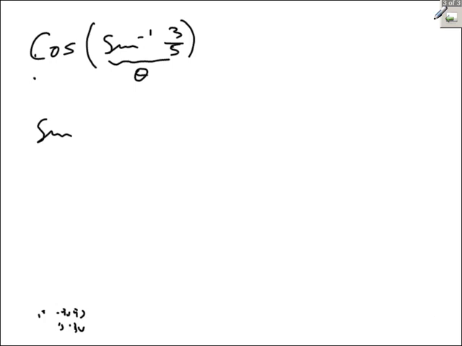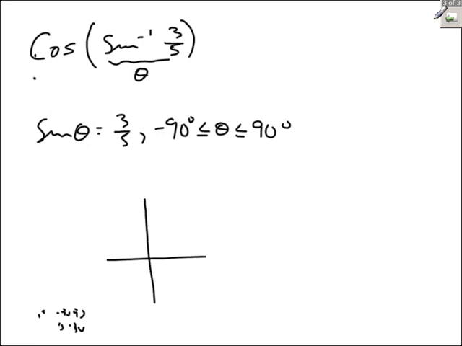We know that the sine of the angle is 3/5, and the angle is from negative 90 to 0, that's quadrant 4. Negative 90 to 0. And then from 0 to 90 degrees, this is quadrant 1.